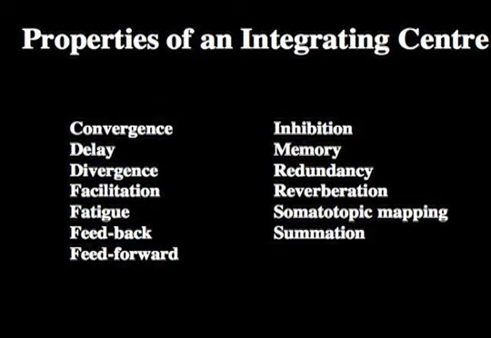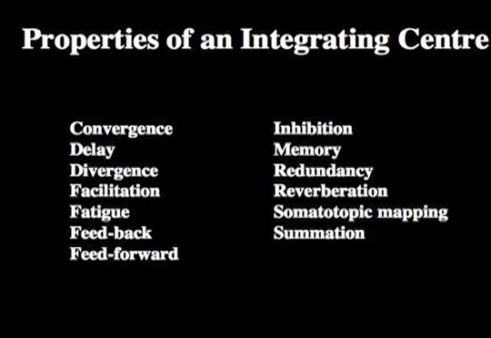Now, an integrating centre can be something quite small, like a lower motor neuron in the spinal cord, a single neuron, or it can be something quite large, like a cerebral cortex. But when I use the term integrating centre, I'm meaning a physiological structure that is involved with processing information in some way.